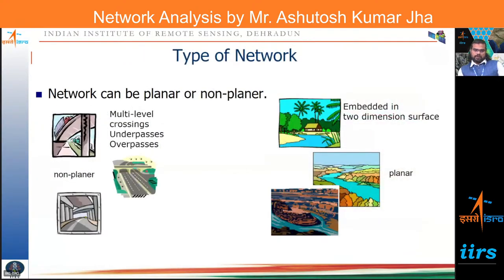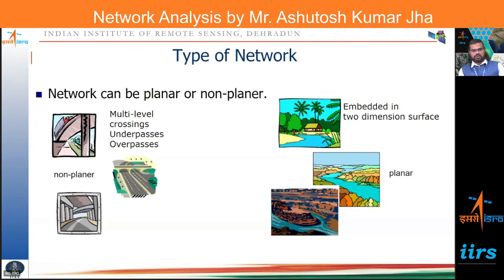Then there's another type of modification of general two-dimensional networks. It can be planar or non-planar. It means we have network edges not only staying on a single surface, but they can go across multiple surfaces, for example, an overbridge and so on.